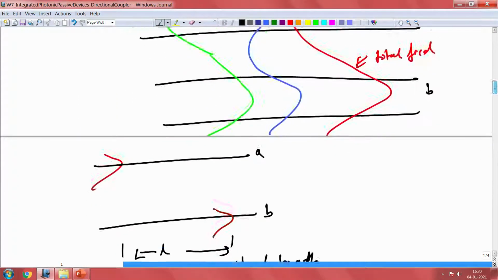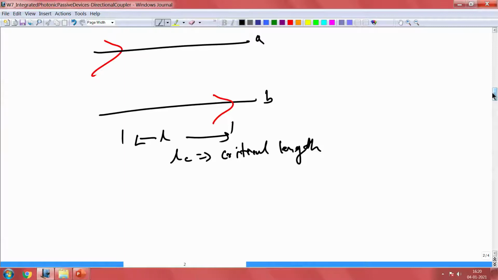Now we can write the phase matched length, the critical phase matched, PM is phase matched.